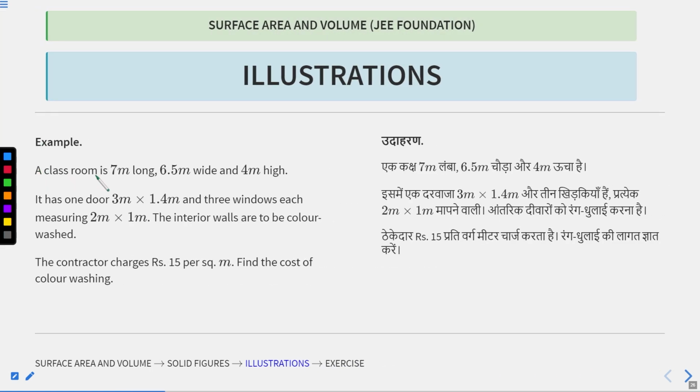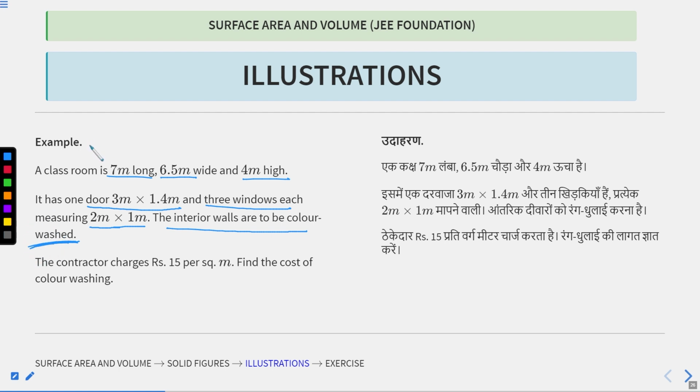Our classroom is 7 meter long and 6 meter wide, and the height given to us is 4 meter, and it has one door. The door dimension is 3 meter times 1.4 meter, and it has 3 windows, each measuring 2 meter times 1 meter. The interior walls are to be color washed.